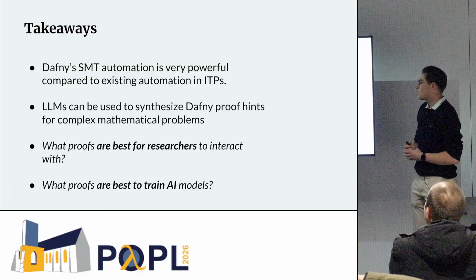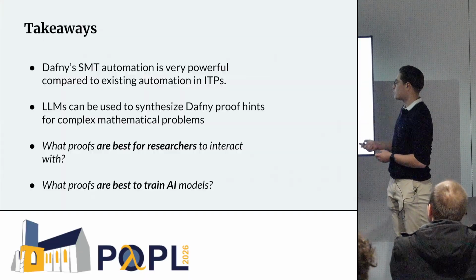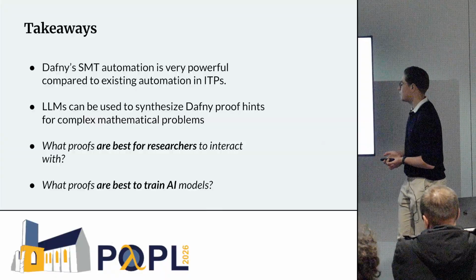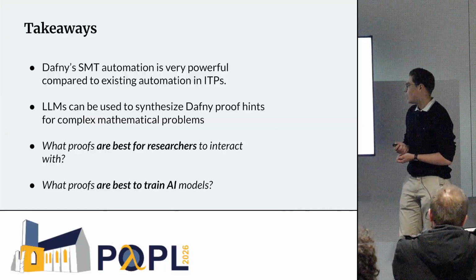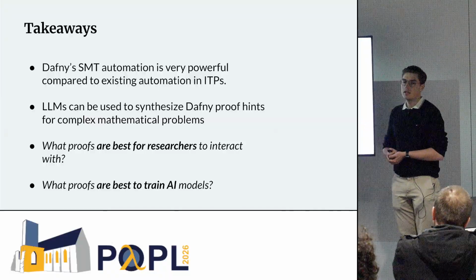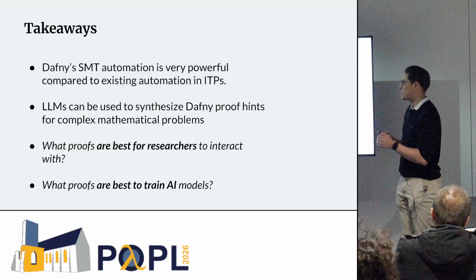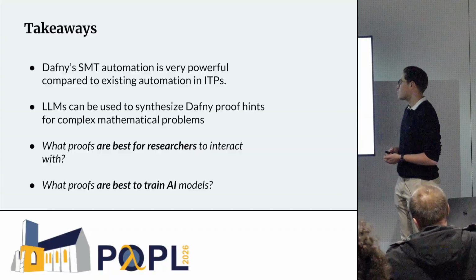So to recap, main takeaways. Firstly, Dafny's SMT automation is very powerful compared to existing automation in other interactive theorem provers. Just to give you some numbers, Sledgehammer in Isabelle scores around 10% in MiniF2F, and the best numbers I've seen in Lean, and there's a chance that it was optimized for Lean, score around 27%.